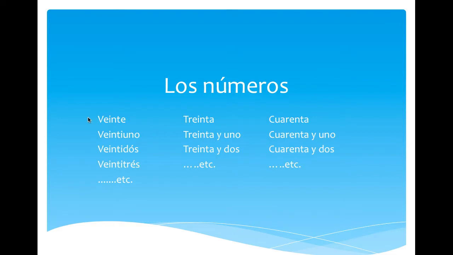But what we have here with the 20s is that instead of having, like we have here with 31, 30 and 1, we're taking the y, which is the word for and in Spanish, and turning it into an i.